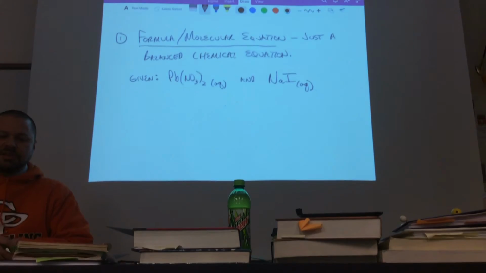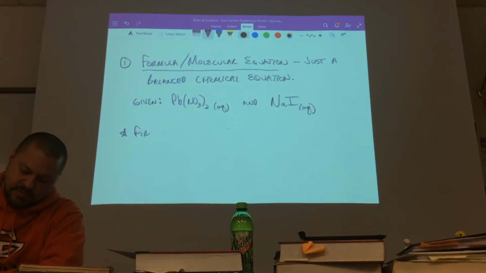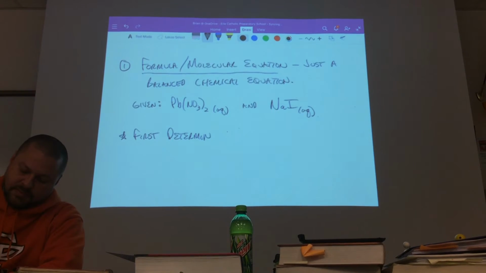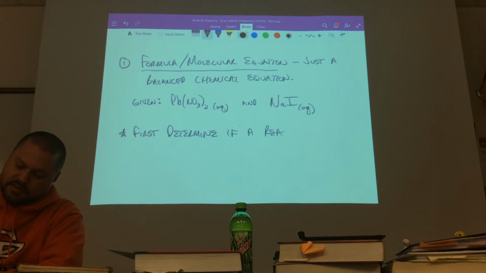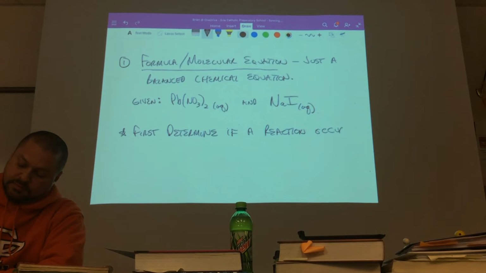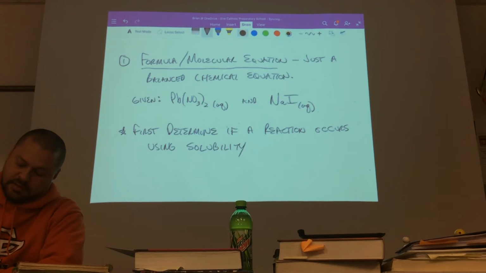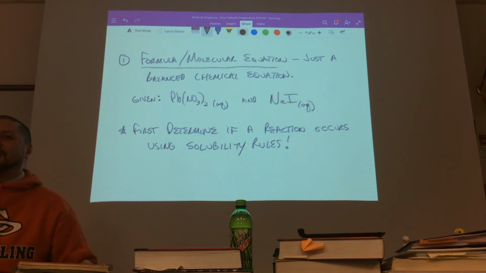And so first thing you should do is determine if a reaction occurs using solubility rules. Definitely do that first, all right?